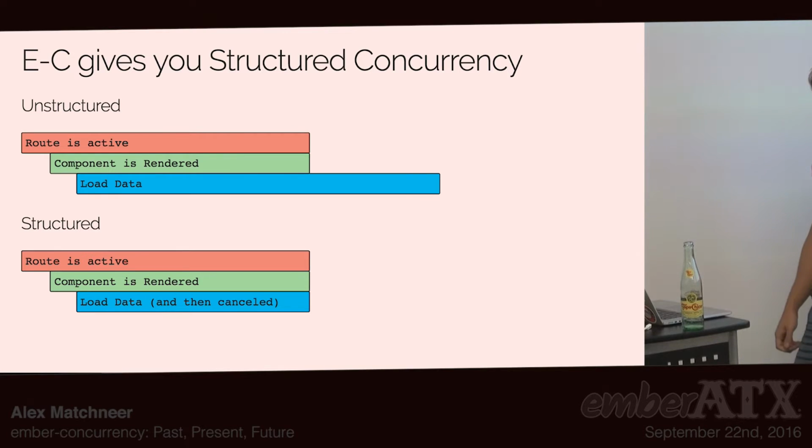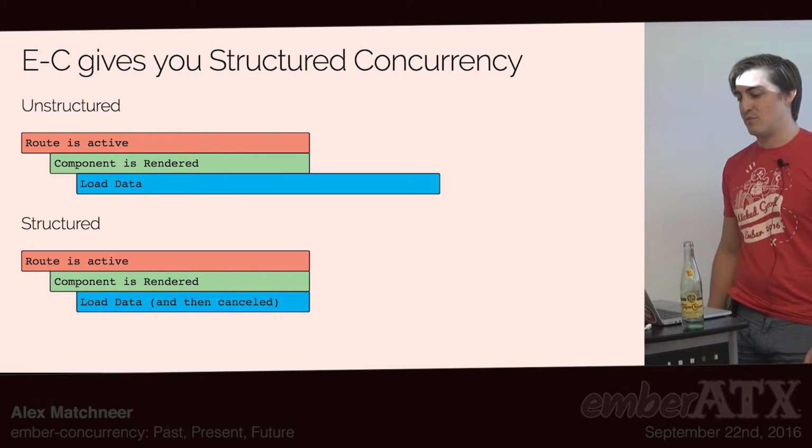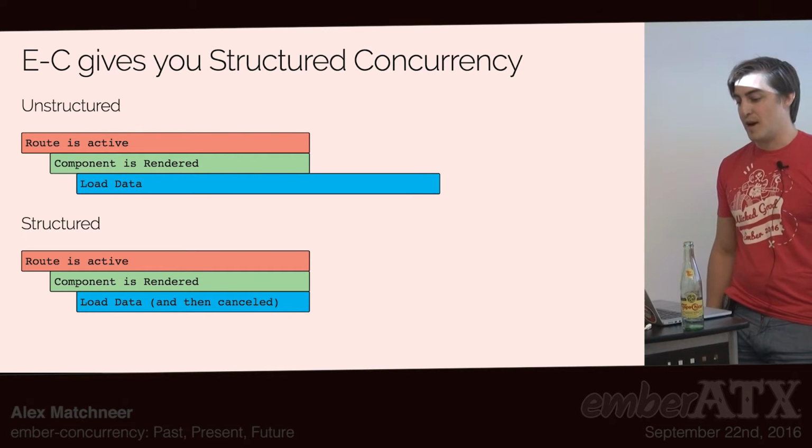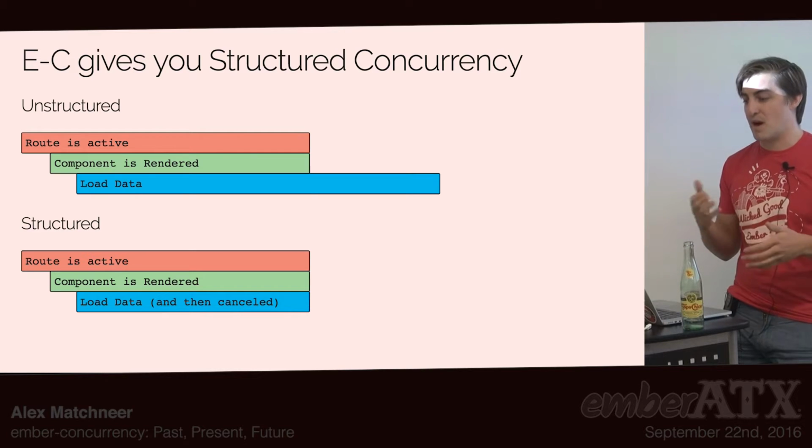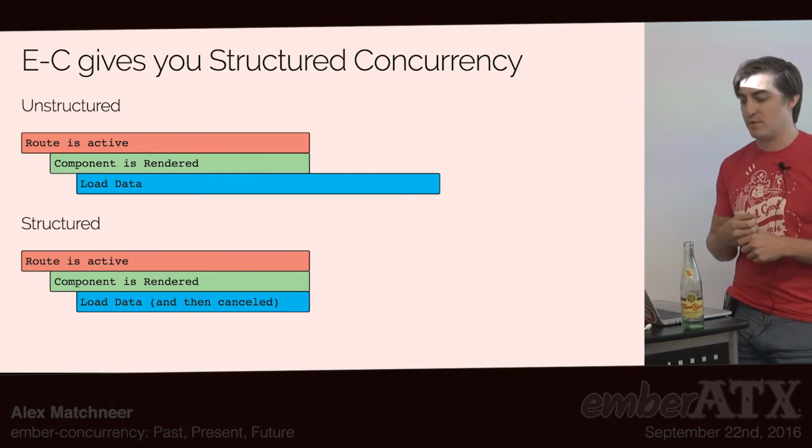It's a reasonably simple concept, but the way it relates to Ember apps is that usually you have a component that's rendered and kicks off some asynchronous operation. If the user navigates away to a different page, you need to unrender that component and make sure that whatever operation was kicked off also knows to stop.